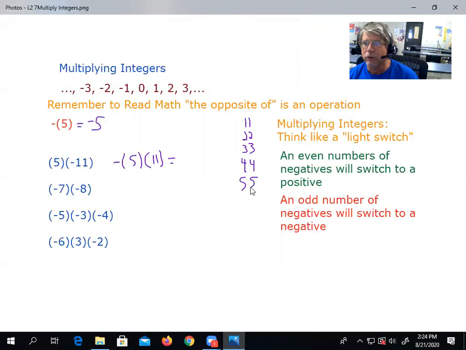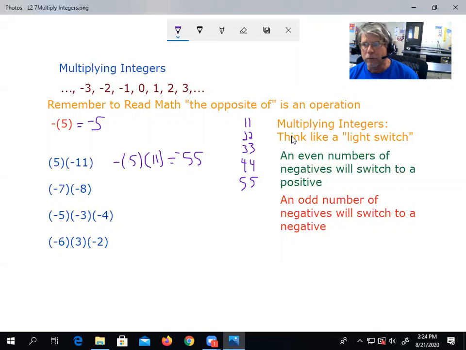If I continue on, there would be a 66, a 77, 88, and a 99. So those first 11 facts are pretty easy as well. So 5 times 11 would just be 55. And then this just tells me to take the opposite. So the opposite of 55 would be then a -55.